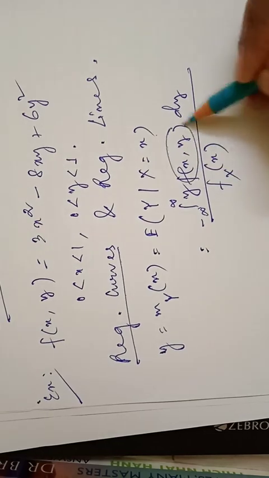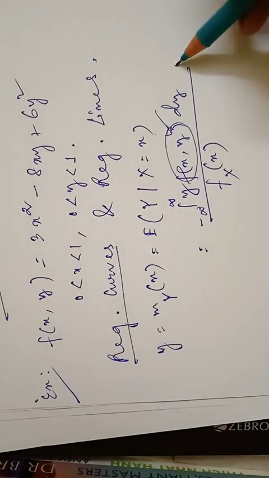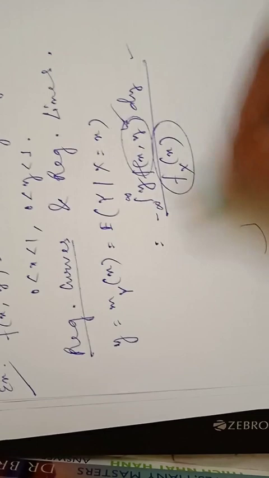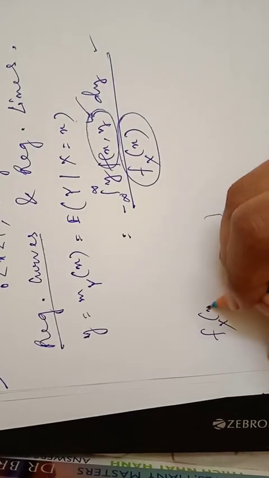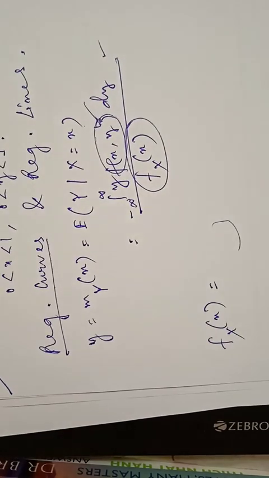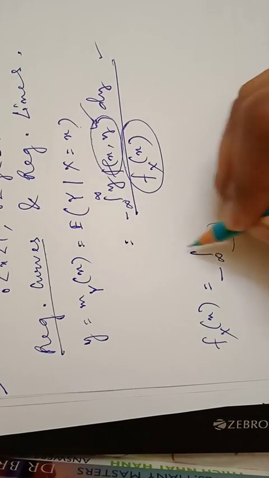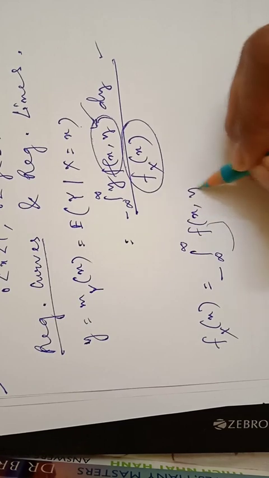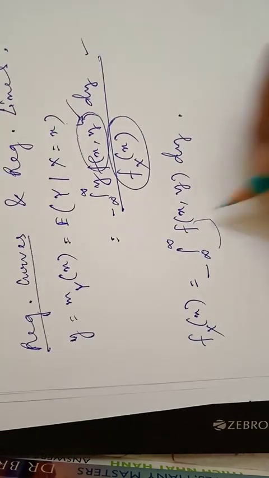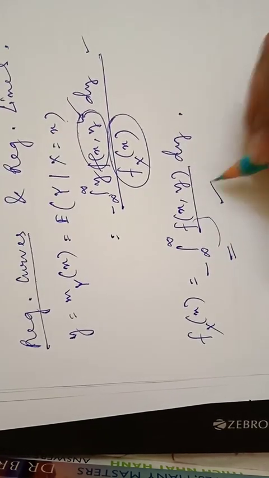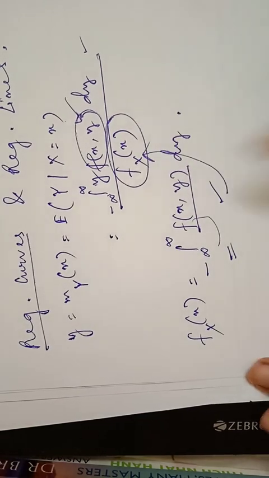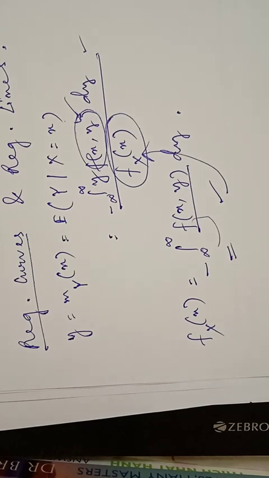Now fxy is already given in the question, so you can find the denominator. To calculate the numerator, we need to use its formula. So fxx means the marginal distribution of x, which has the formula minus infinity to infinity f of x comma y dy, right? Put it, integrate it, and you'll get the value. Put it over here, you will get the first regression curve, that is regression curve of y on x. Similarly, you can calculate the regression curve of x on y. Okay.